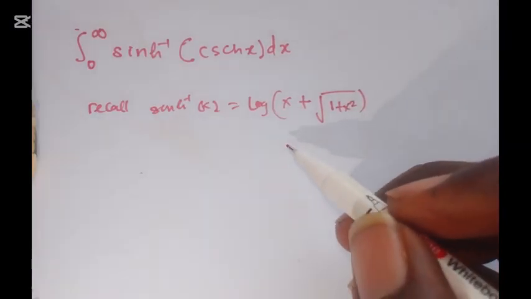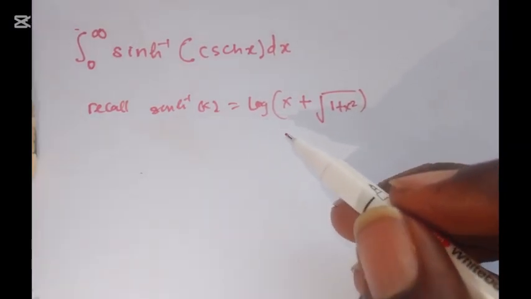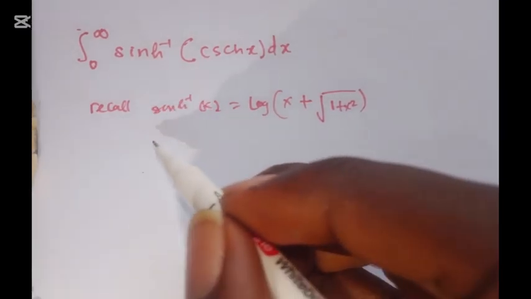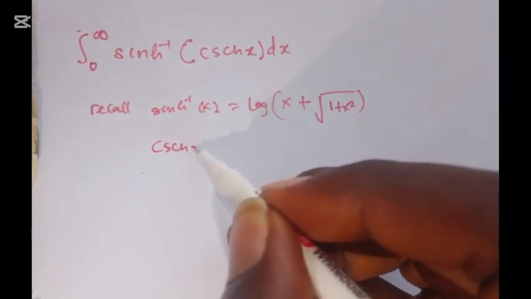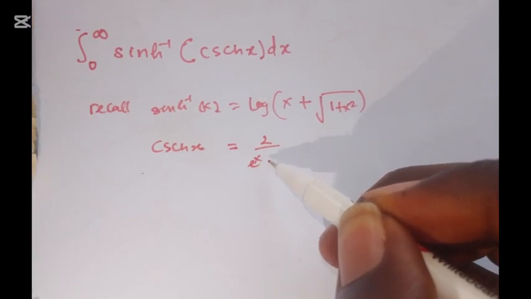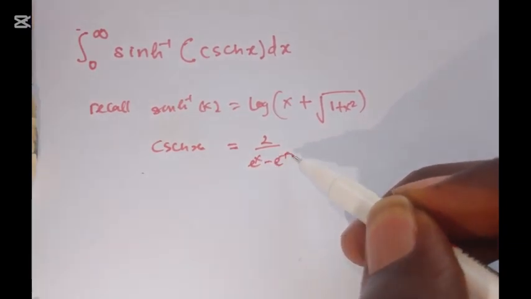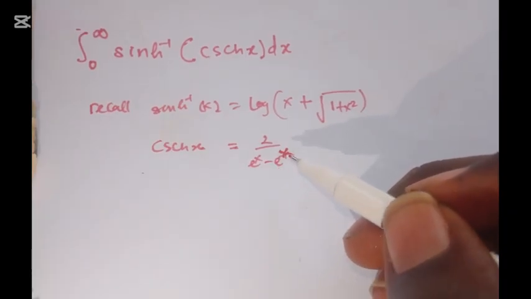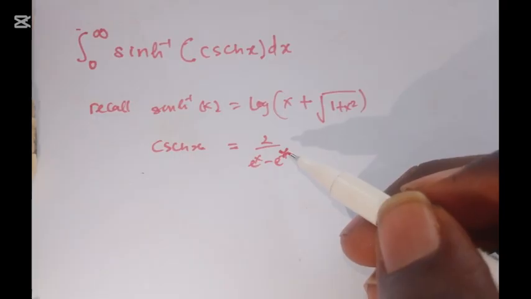Are we together? So this is arcsinh of x in the form of a logarithm. And also recall that cosec of x is equal to 2 over exponential x minus exponential negative x. This is cosec x in exponential form.